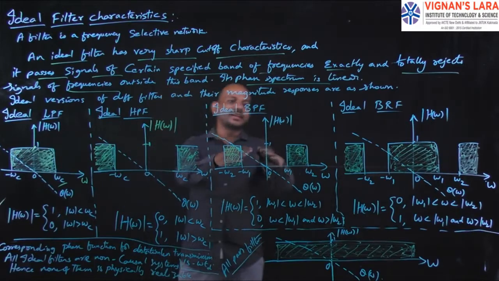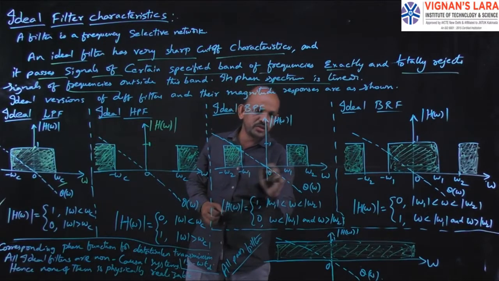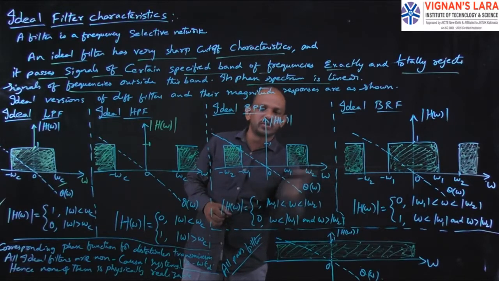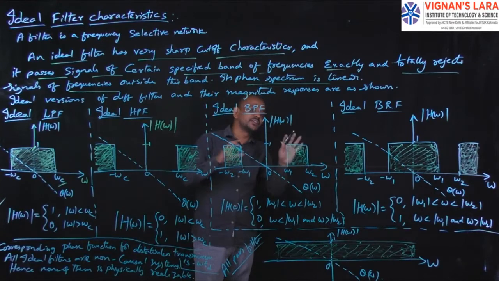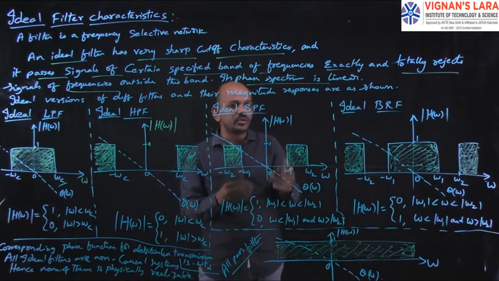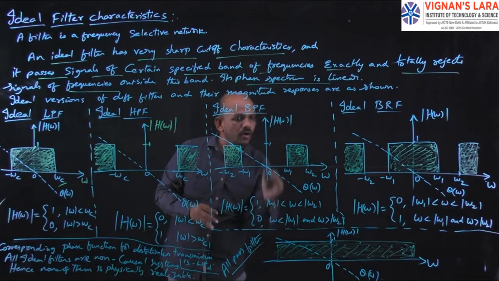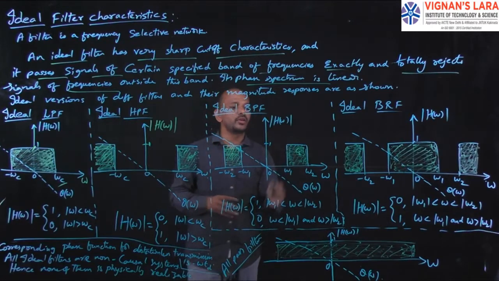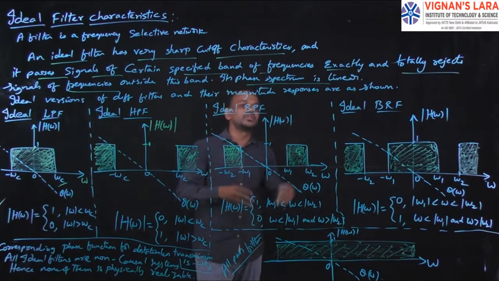For all other remaining frequencies, that is from minus omega 1 to plus omega 1, and greater than omega 2 and before minus omega 2, the signal will be completely stopped or rejected. So it will pass only the band of signals, that is, mod of omega 1 less than omega less than mod of omega 2. This band only will allow the signal to pass.